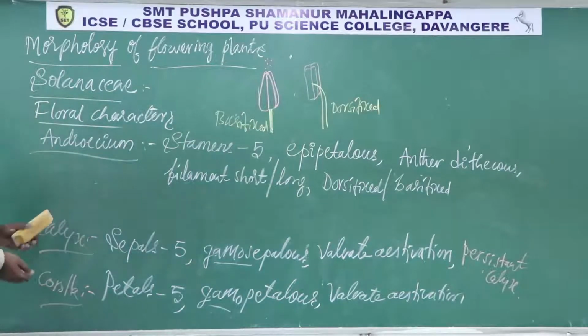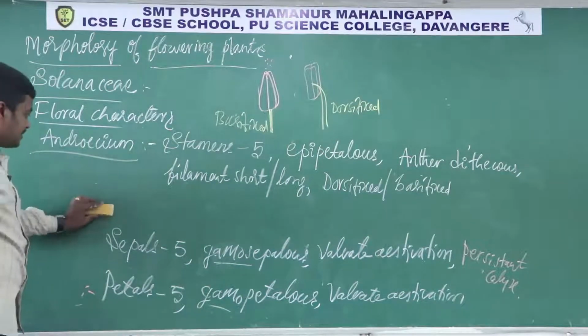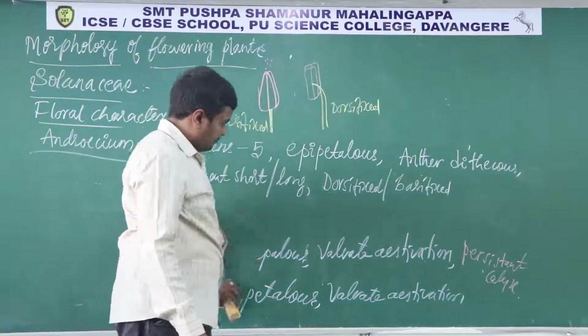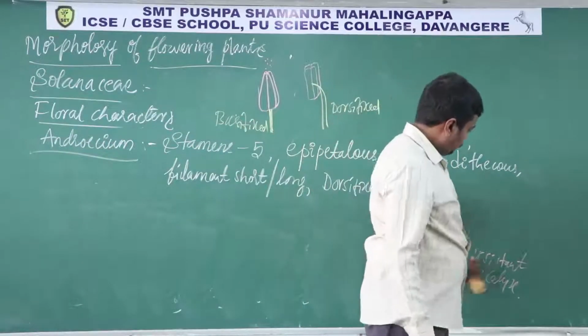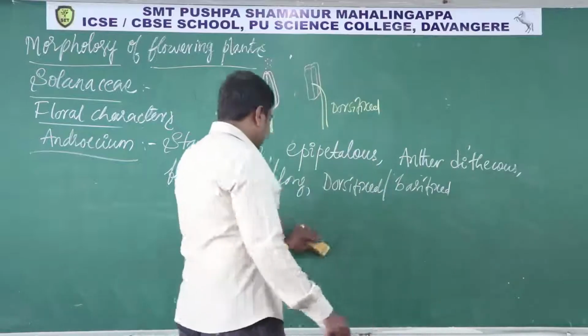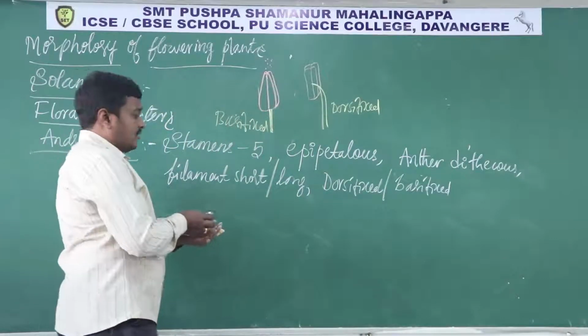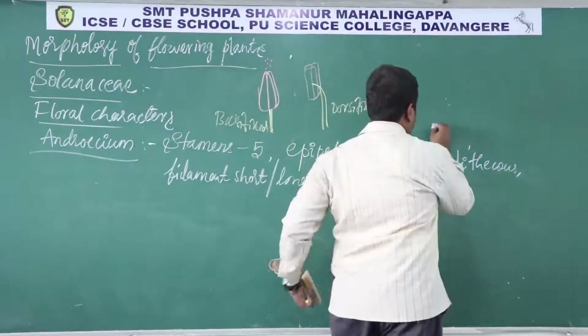Okay. So this is about the androecium condition. There are 5 stamens and they are epipetalous. That is an important character. Epipetalous means stamens attached to the petal. Let me show it again.